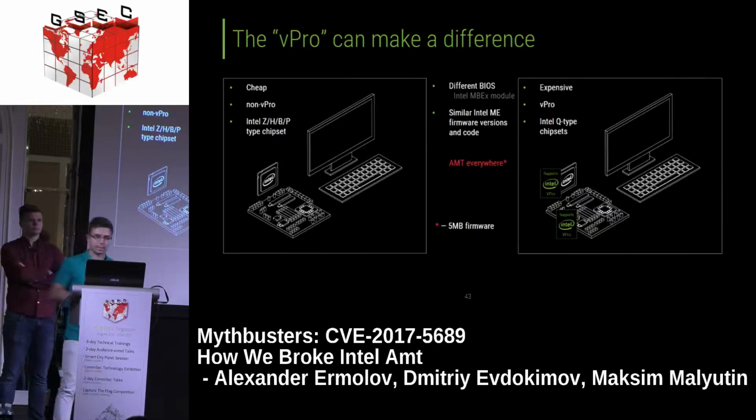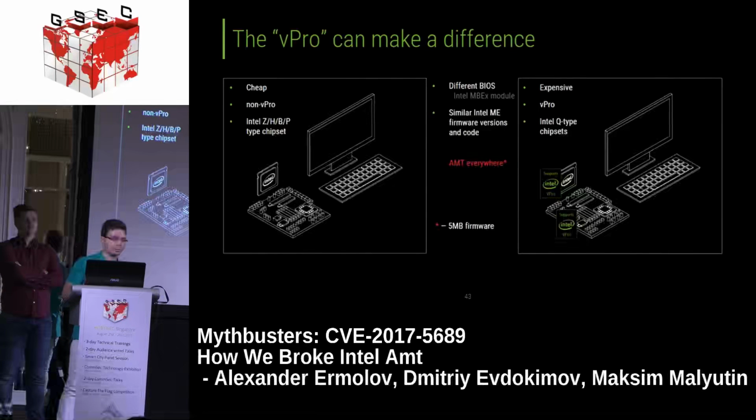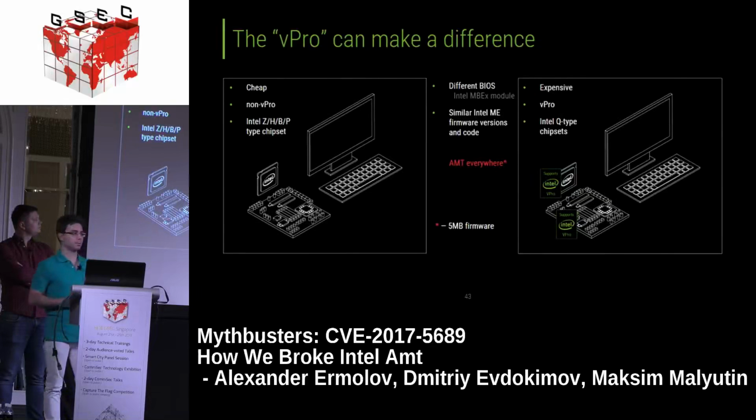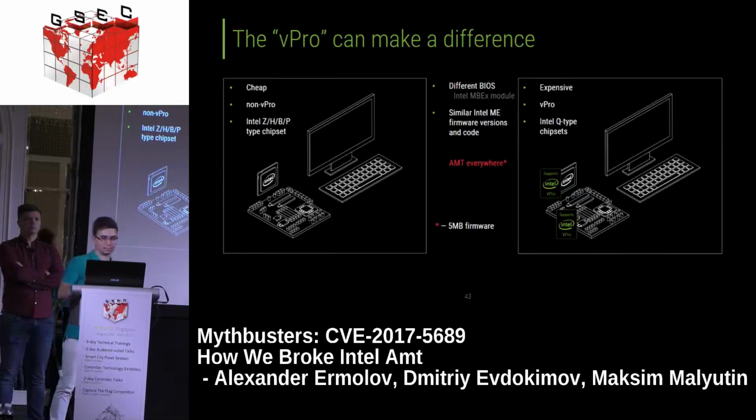Thus, there is Intel AMT code in all 5 MB firmware versions. It turns out that the main difference is the presence of the Intel MEBX module in the UEFI BIOS and some options in the BIOS tab. It's this module that uses the host embedded control interface, or management engine interface, to configure Intel AMT.